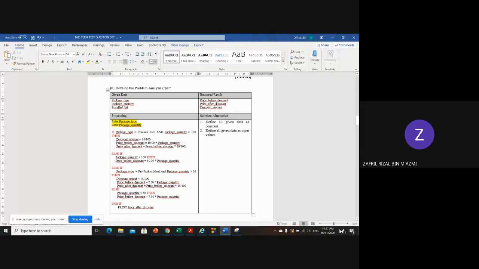Okay, package type equal to chicken rice, meaning that both conditions should be true, right? So if true, discount 10%. This is if chicken rice and package is more than 100.